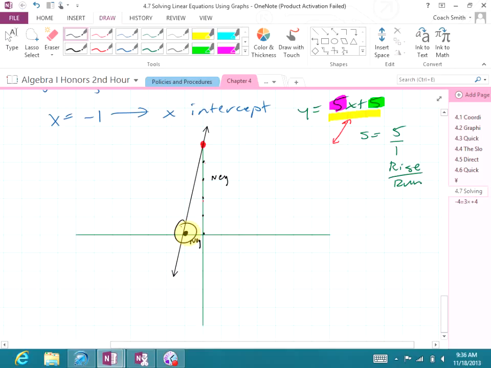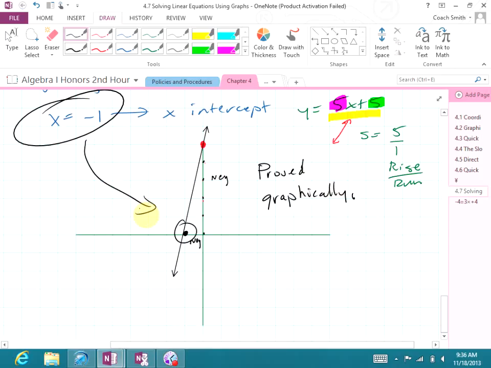It did cross the x-axis using my information of slope being 5 and my y-intercept being 5. It did cross the x-axis at -1. And so we proved it. We proved graphically this being true.